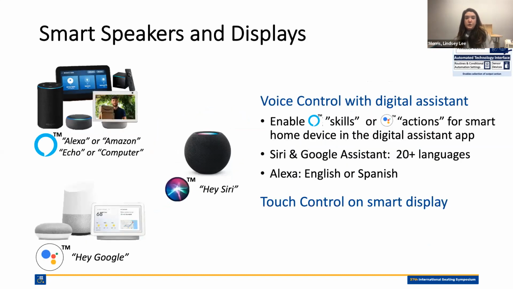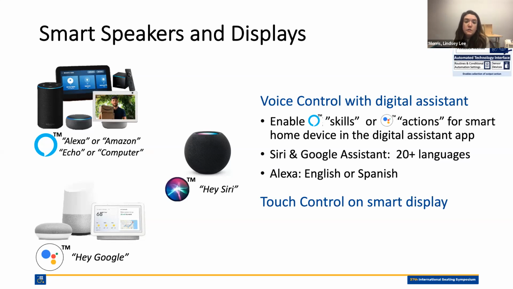So we're going to go through some of the different main device types and control methods that are available for them. When it comes to smart speakers and displays, on the left side, you can see a couple of the different speakers and displays available from the Amazon ecosystem, Apple HomePod Mini, and the Google Assistant or Nest Hub devices.